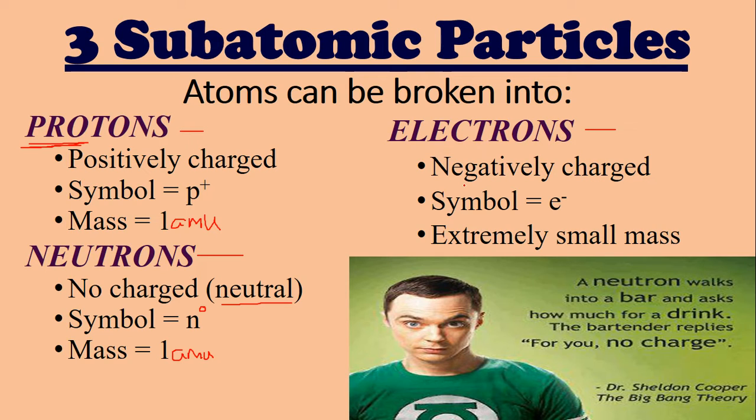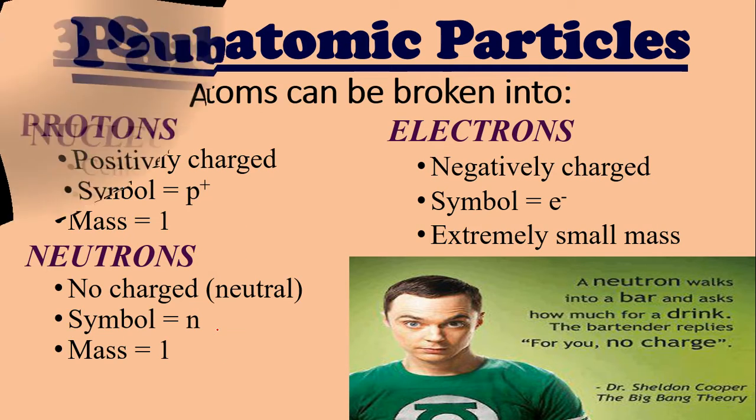Electrons are negatively charged. Its symbol is a lowercase e with a minus sign. And they have an extremely small mass that if I wrote it up here, you would be writing ones forever, so we're not going to write it. But just remember, electrons have a smaller mass than protons or neutrons.